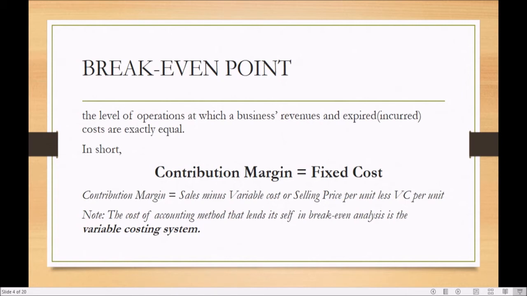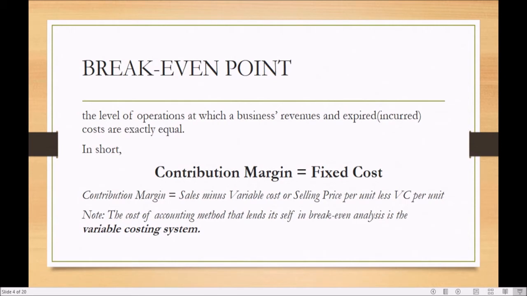If you are going to recall on the variable costing system, the contribution margin is equal to sales minus variable cost. Or it is the selling price per unit less variable cost per unit. That is the contribution margin.